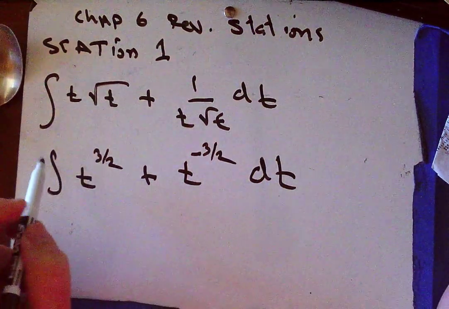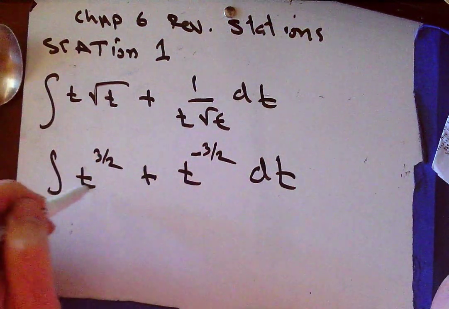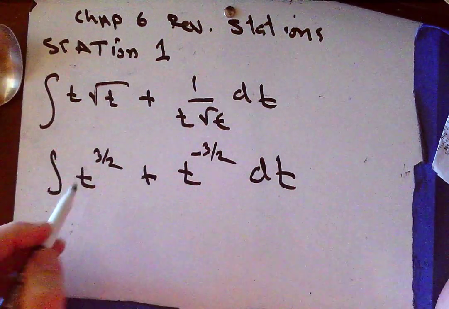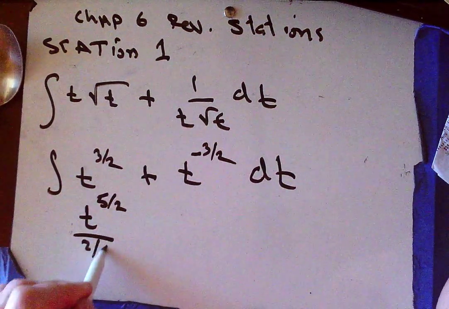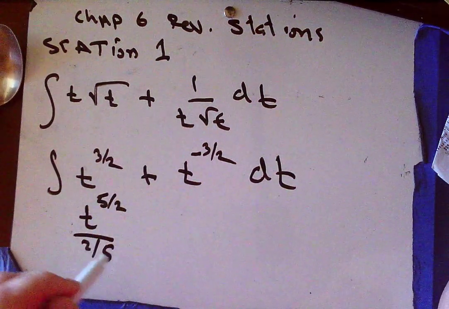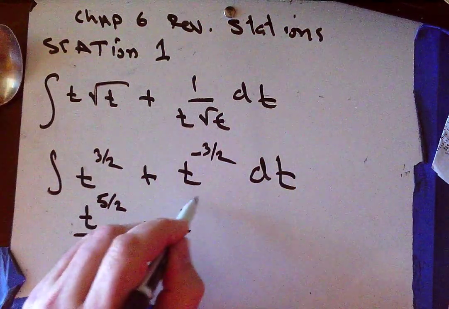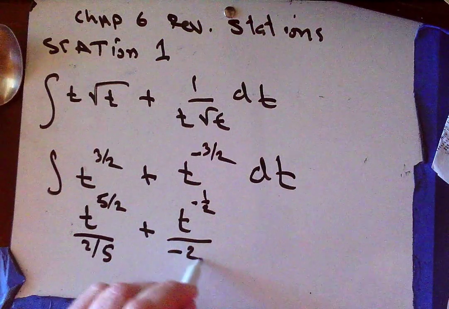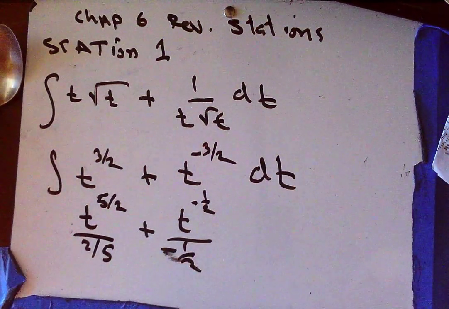Now, what do we want to do? Well, remember, we want to add 1 there, and then we want to divide by that same number. So we're going to have t to the 5/2 over 5/2 plus, I'm adding 1 to this, t to the minus 1/2 over negative 1. Great.